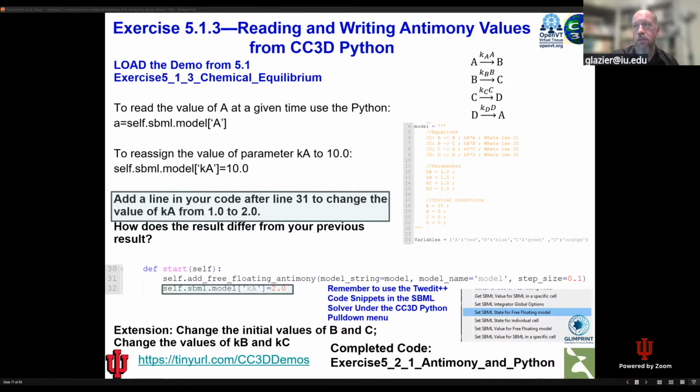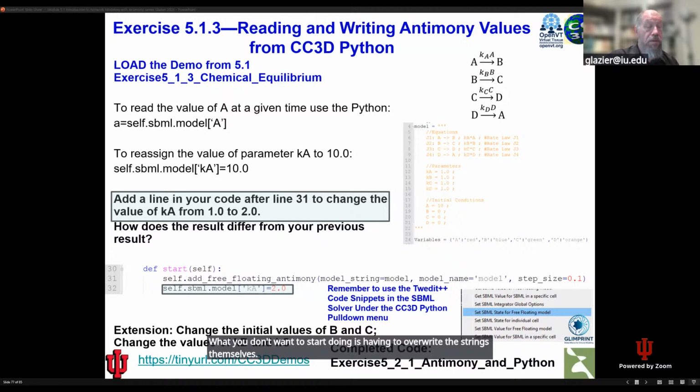What you don't want to start doing is having to overwrite the strings themselves. I've had people who write complicated string editors in the Python and change the Antimony model string by hand using things like grep and awk, or the various Python string-editing functions. It works, but I wouldn't encourage you to do that unless you have to.